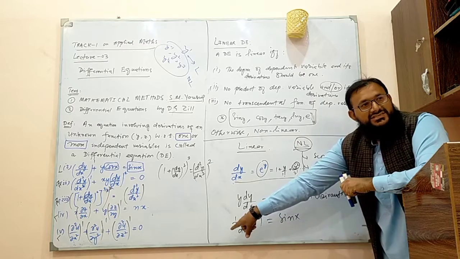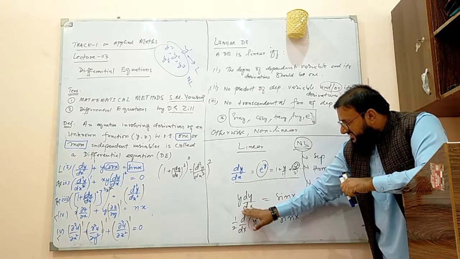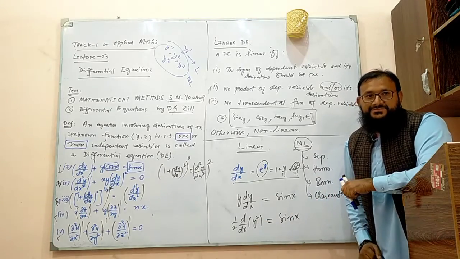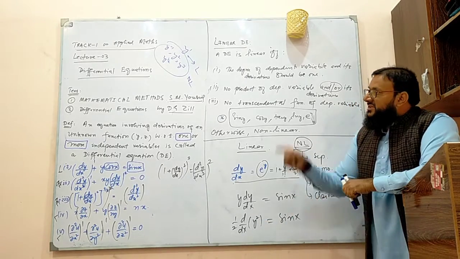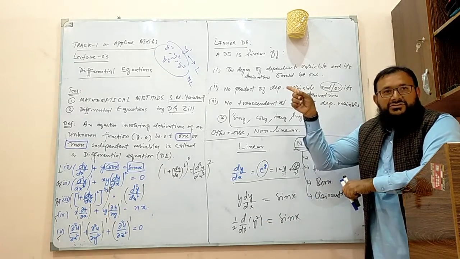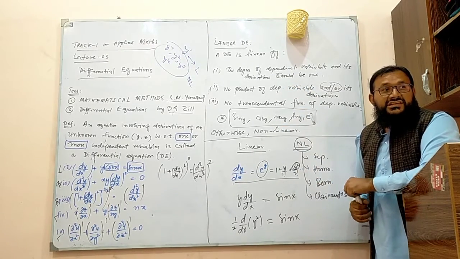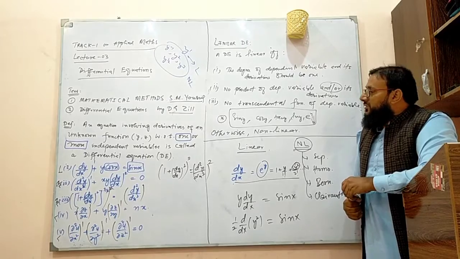The 2 cancels with the half, so this thing and this thing are the same. What is the power of y? 2. Non-linear. So either keep that condition in your mind, or use these three conditions to know when the equation is linear and when it is non-linear.